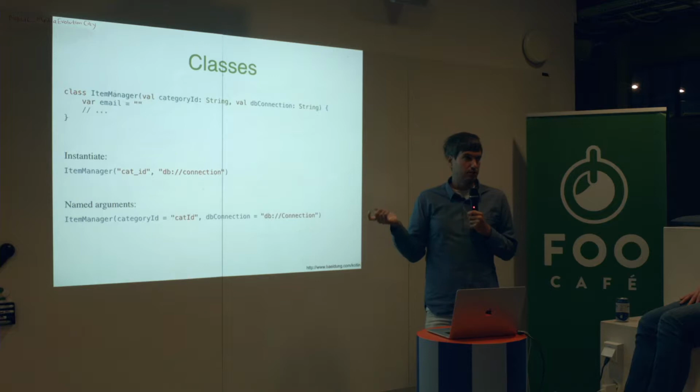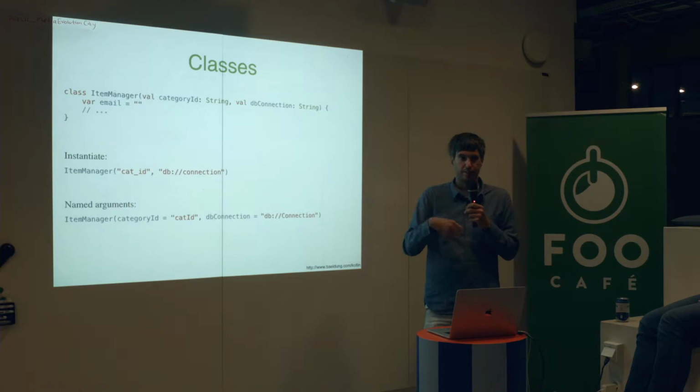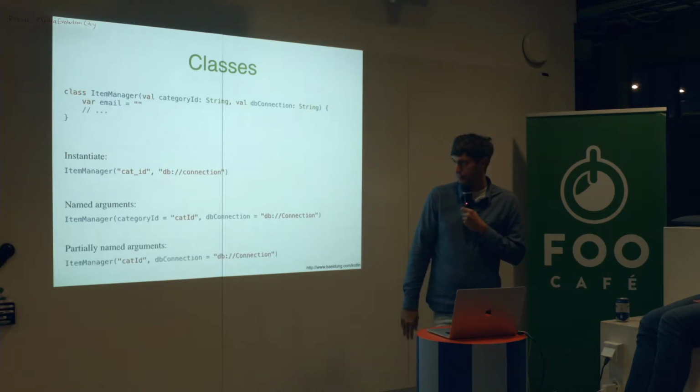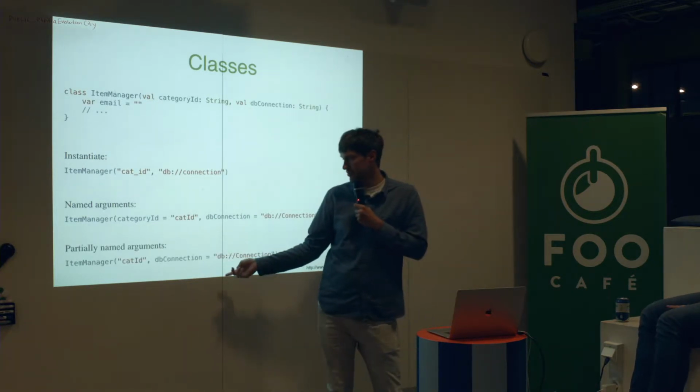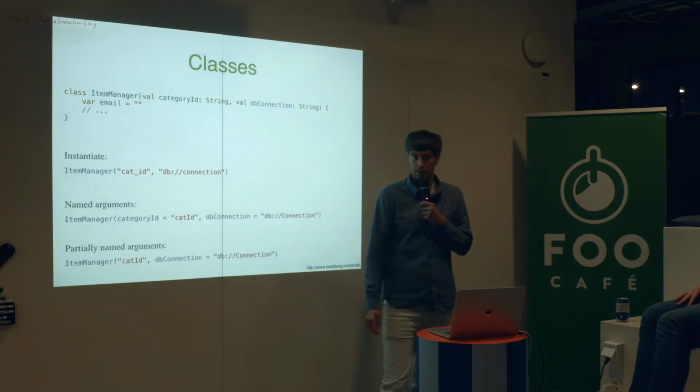And I find that sometimes you create builders in Java for only these kinds of scenarios, when you have a lot of arguments to the constructor. But you don't have to create builders, I find, as often in Kotlin as in Java because of this. And you can also mix, so you can have partially named arguments, where some arguments are unnamed and some arguments are named.